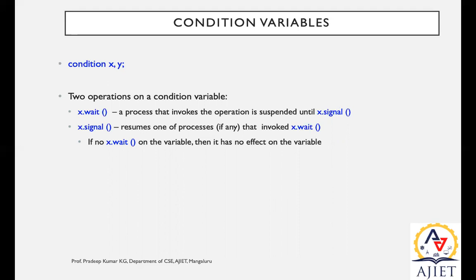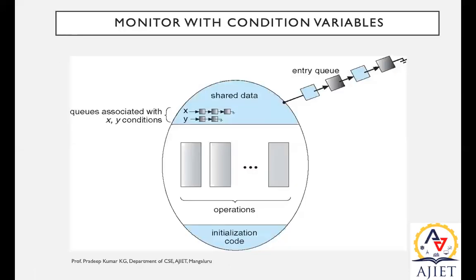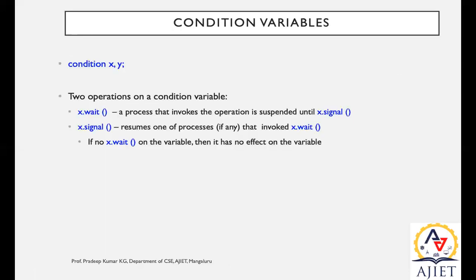So one is wait and the other is signal. The wait operation means the process that invokes the operation is suspended until the signal arrives. On the other hand, signal resumes one of the processes that invoked wait. So this is the situation with condition variables. Now when we have these two, X and Y, X's job is to invoke the operation that is suspended until X.signal.